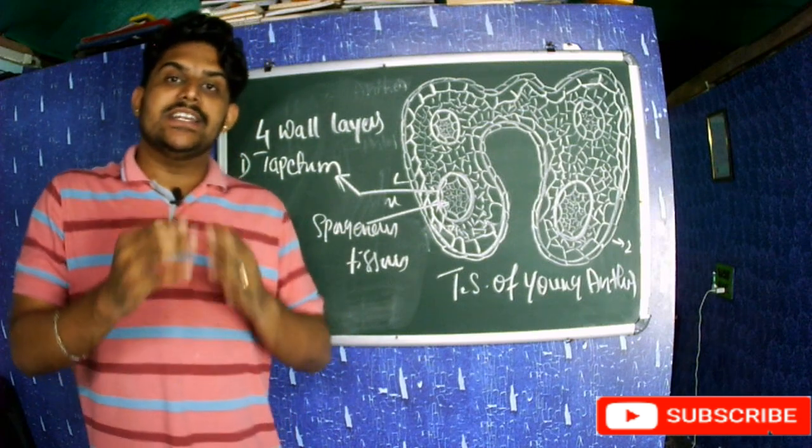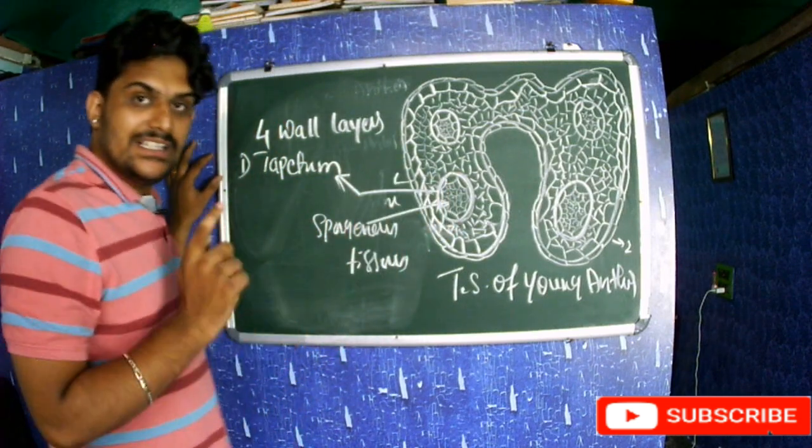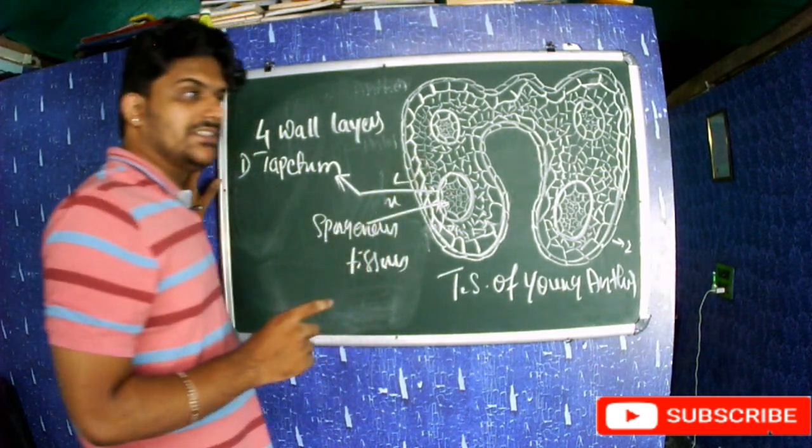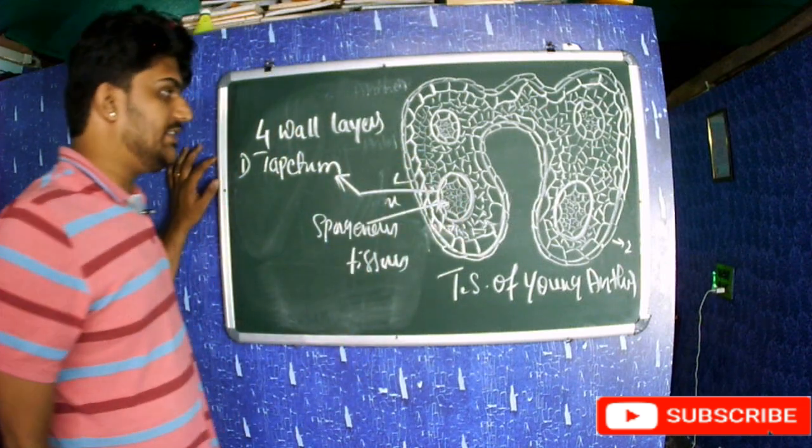That's why there is a lot of cytoplasm in the tapetal cells. These tapetal cells nurture the sporogenous tissues.